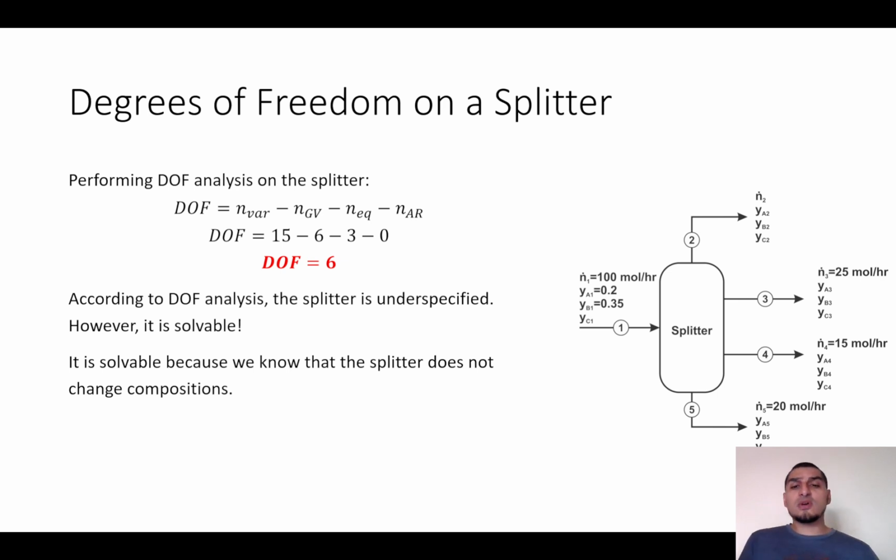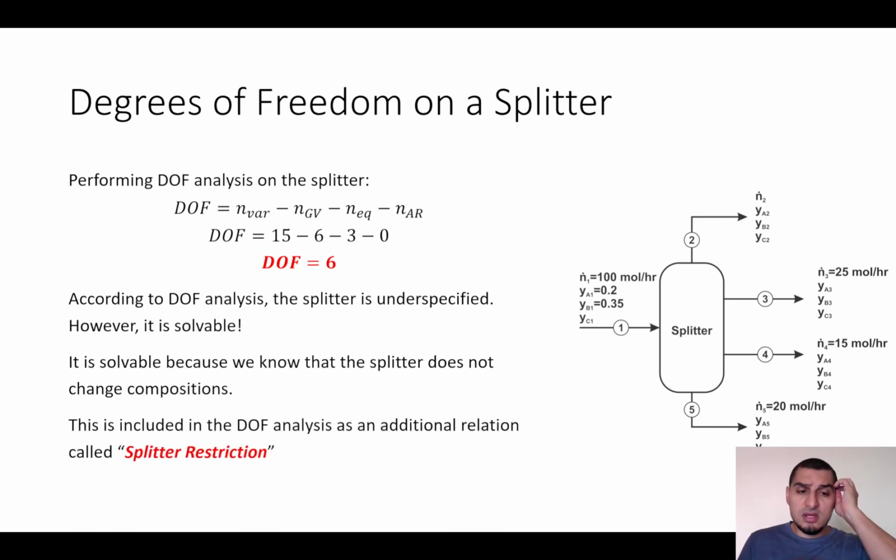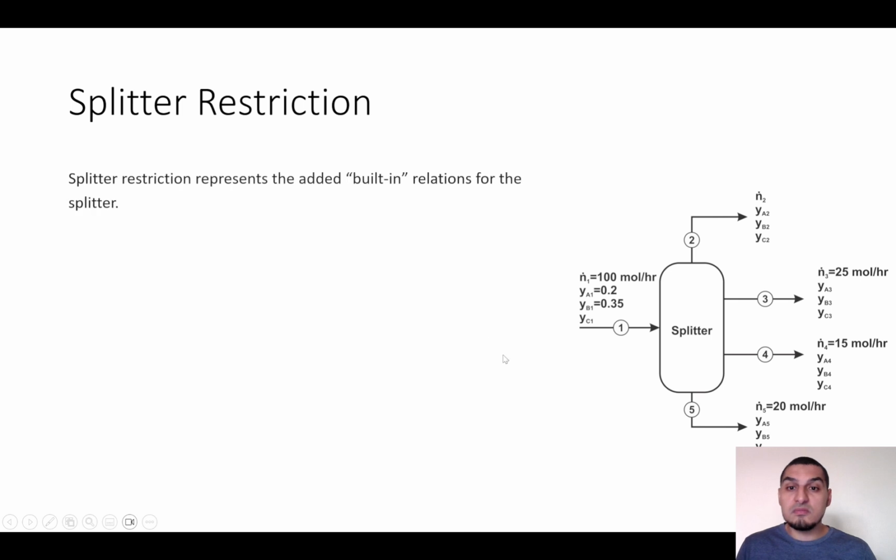So to take this into account, we can add what we can call a splitter restriction. So this is an additional relation. It's kind of a built-in additional relation. So this additional relation is a number that we put in the degrees of freedom analysis, and this number adjusts this difference in the degrees of freedom.